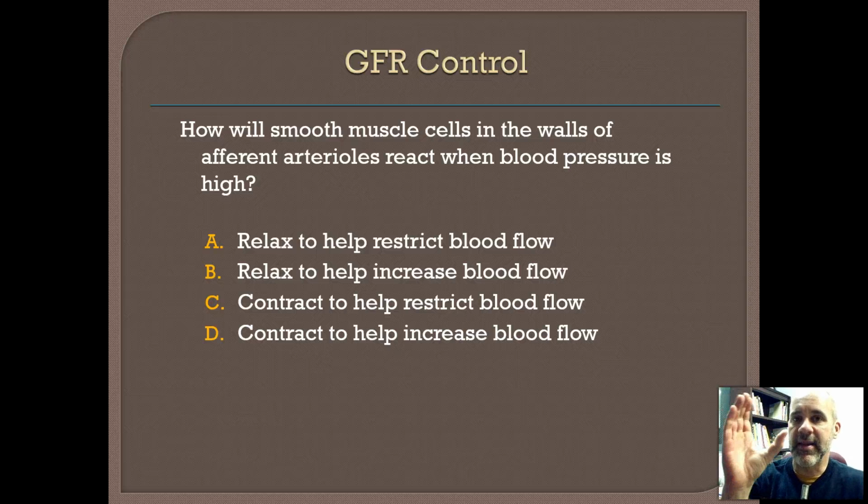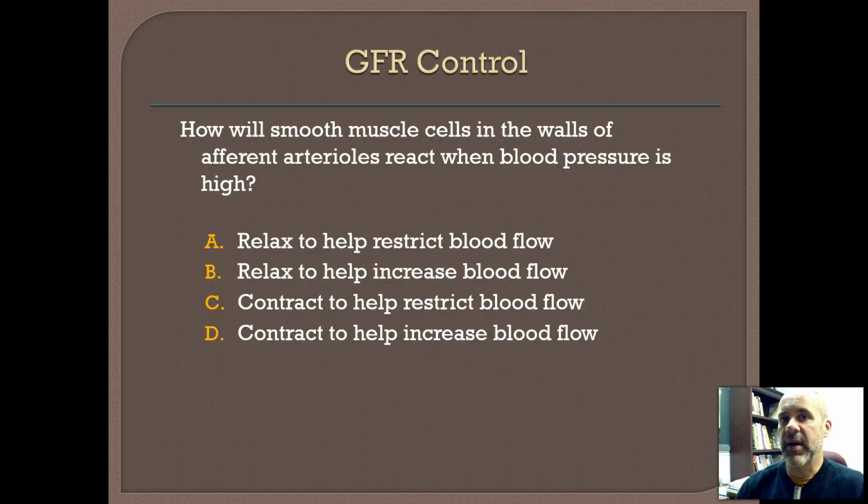So to do that, the smooth muscle cells in the walls of your afferent arterioles contract or constrict. It makes the diameter of the afferent arteriole smaller, and that allows less blood to go into the glomerulus. Okay, and then that's going to lower your glomerular filtration rate. Okay, go back and look at your diagram and so forth and make sure that makes sense.